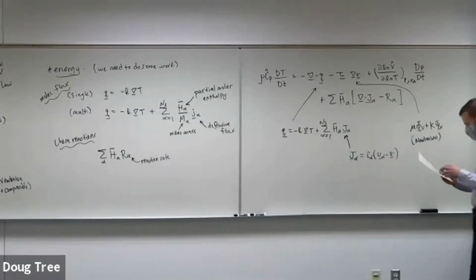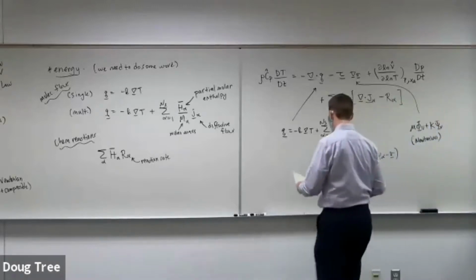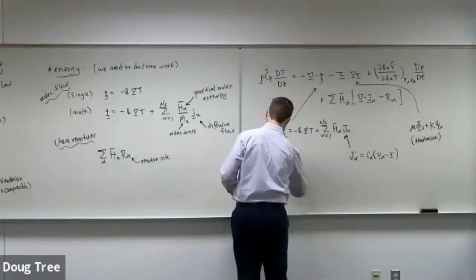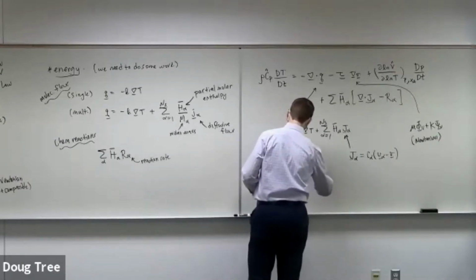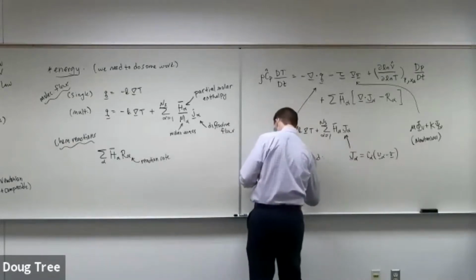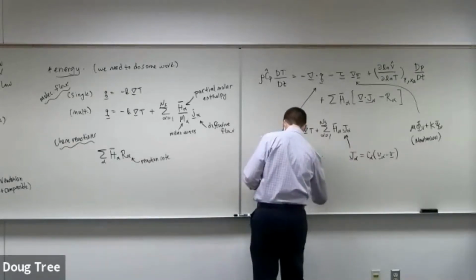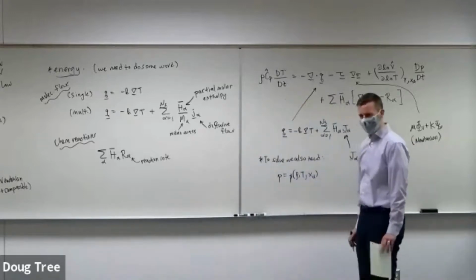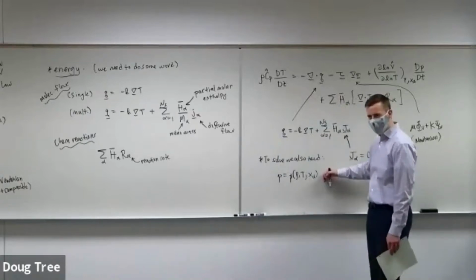To solve stuff, we also need an equation of state, which is rho, T, and all of the x alphas. So that would be an equation of state with mixing rules.